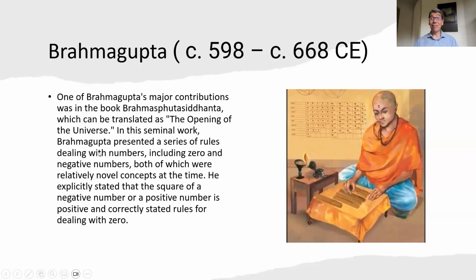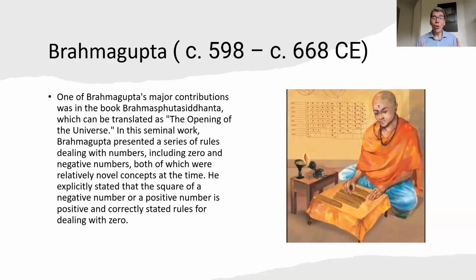Wow, what an interesting title for a book. He presented in this book the rules for dealing with numbers, and he introduced the concept of zero and of negative numbers. This is amazing, guys. Before that, there was no recorded concept of the number zero or of negative numbers.